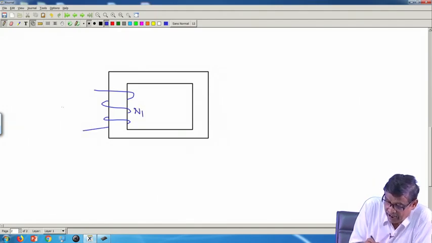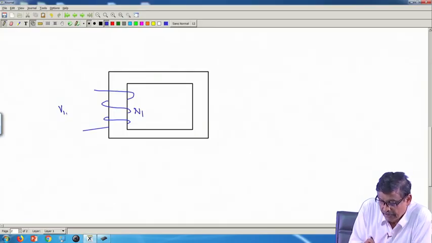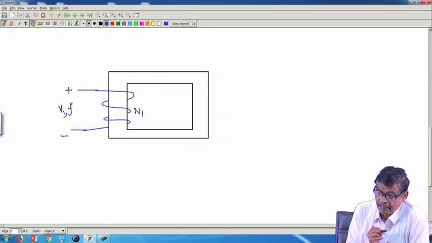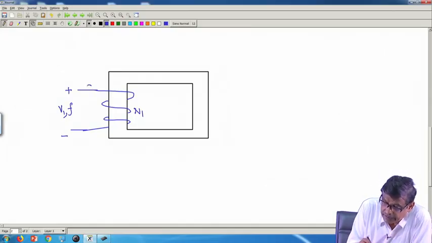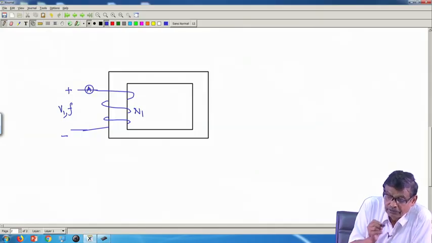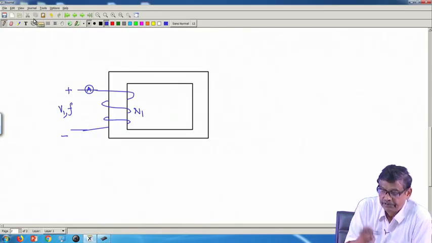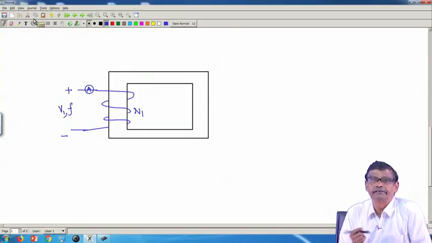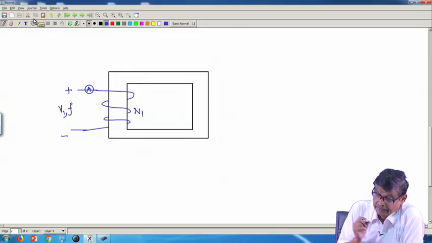Now I apply an AC voltage with RMS value V1 and frequency f to these two points, this side plus and this side minus, and connect an ammeter here. What will be the reading of this ammeter? That is the question I am asking.